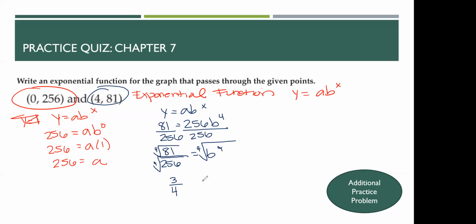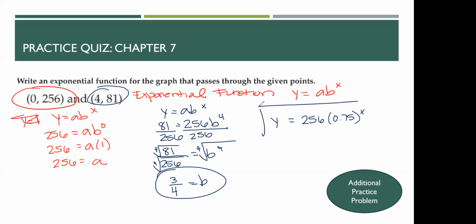So this would be 3/4. And over here, the 4th root of b to the 4th power is equal to b. All right, so when you write the equation, you have y is equal to 256. We know what a is. b is 3/4. You can write it as a decimal, 0.75, to the power of x. Okay, so that is your exponential function.